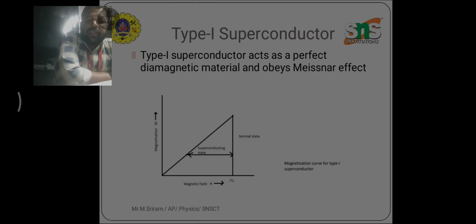These are also called soft superconductors. The values of Hc are always too low for these materials. Examples: aluminum, zinc, gallium.